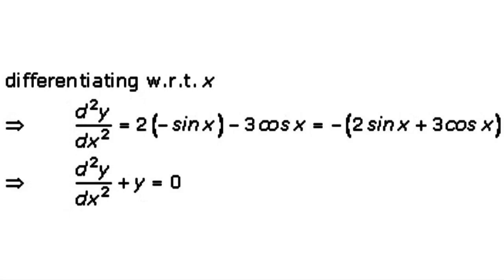So let's replace this whole bracket by y. So we will get d square y upon dx square equals to minus y. Now minus y transfer to the left hand side. So we will get d square y upon dx square plus y equals to 0, which is your required answer.